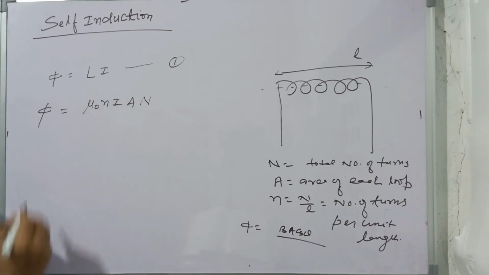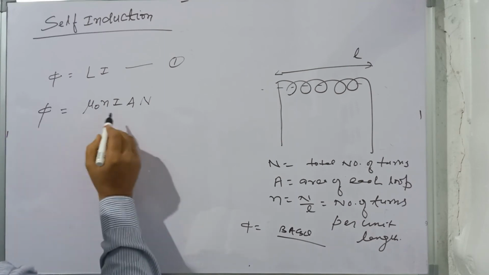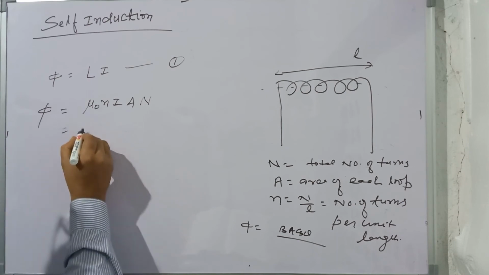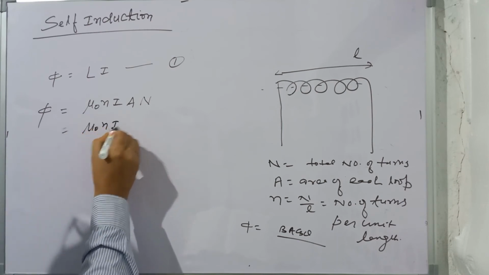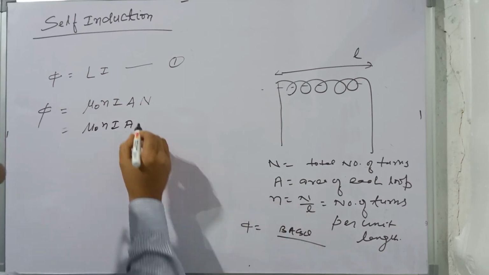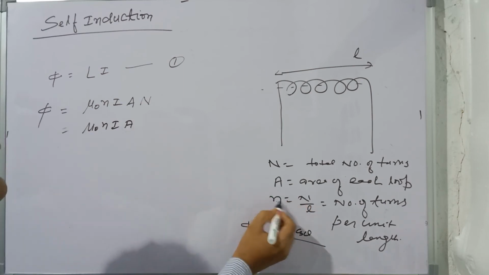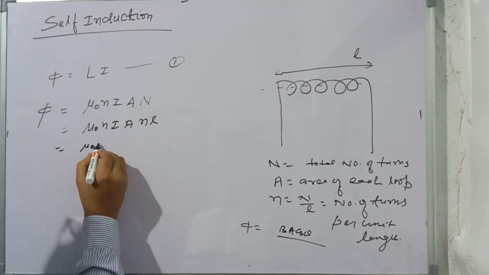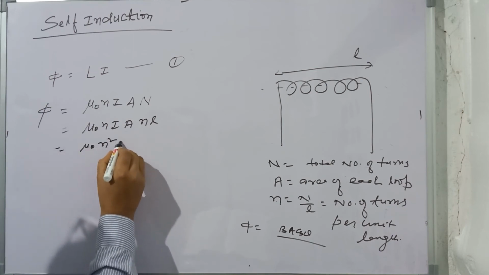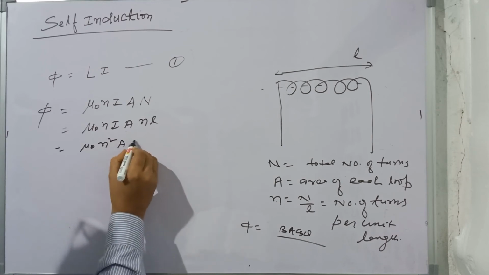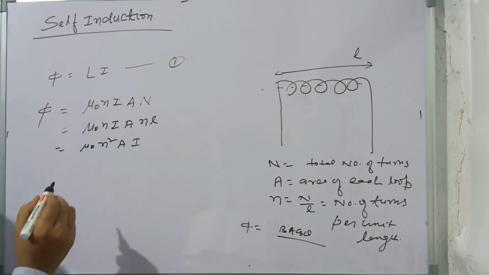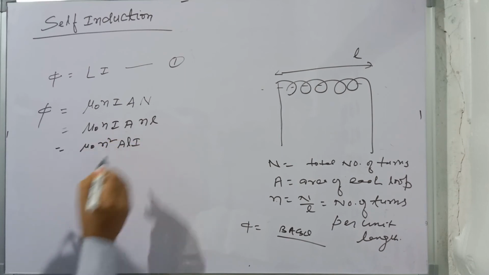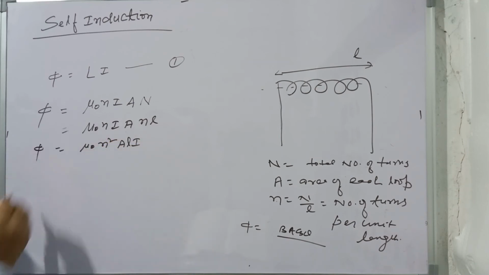This is the value of the flux: mu naught n I times NA, and N is nl, so we can write mu naught n square A l I. This is the value of phi.